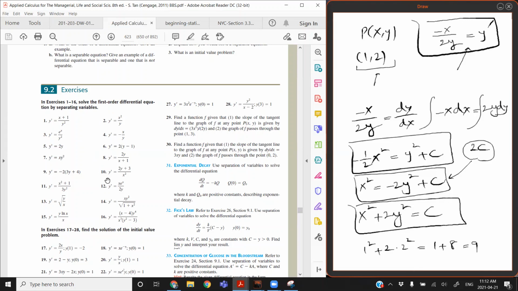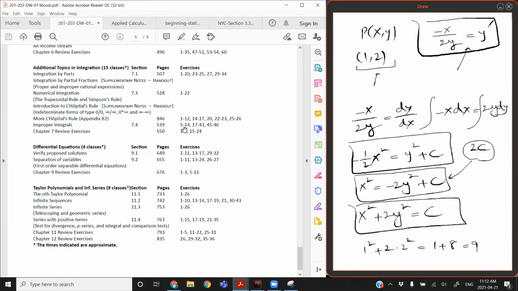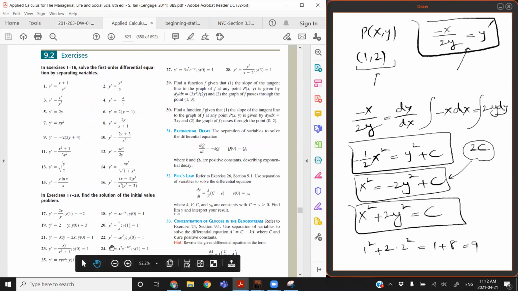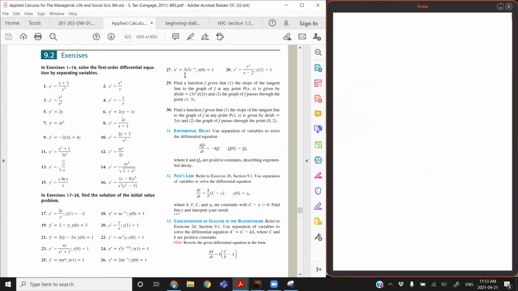So 1 to 11, these problems here, and then 13 to 24, these are initial value problems. For these ones, you just find the general solution. For these ones, you find the general solution and then the particular solution using the initial value. And 27 is also the same story. I'm going to do the last one for you.